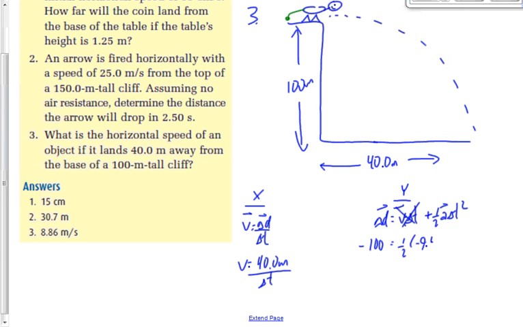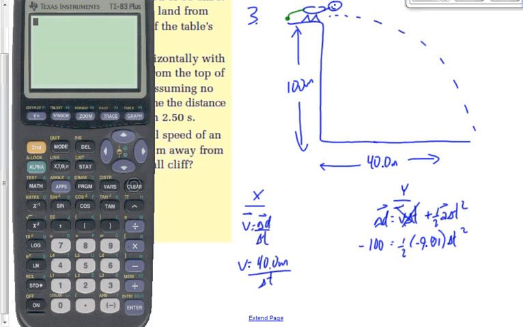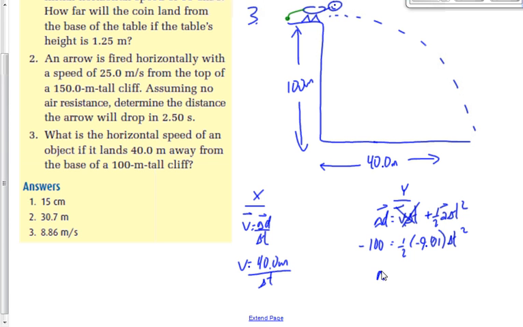We want to find the time again. Let's say negative 100 divided by negative 4.905. That's a half of 9.81. Let's square root that: 4.515. Remember what we said?